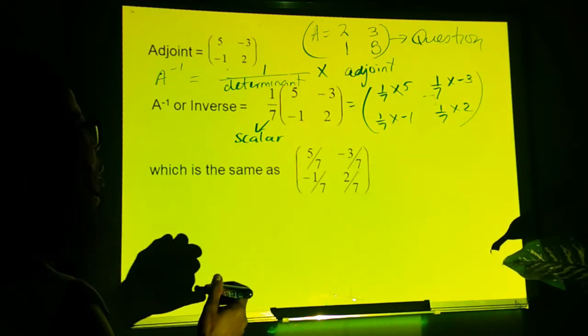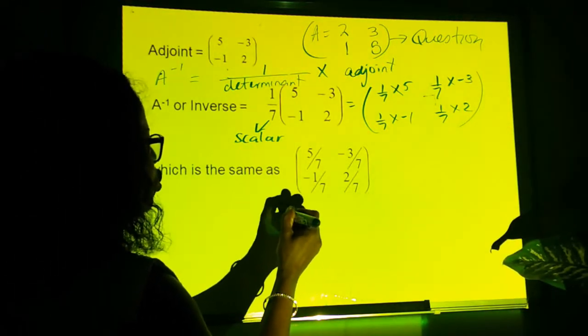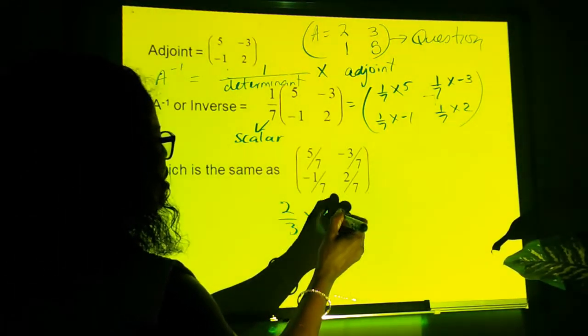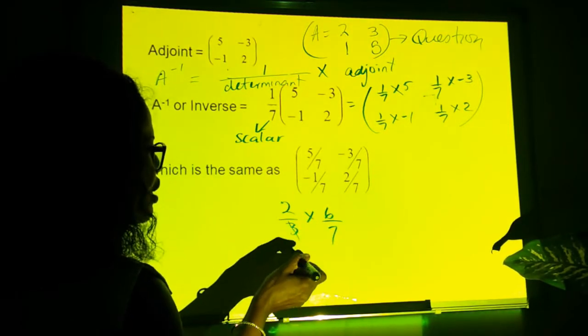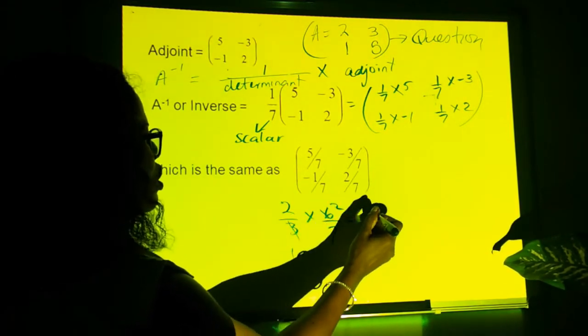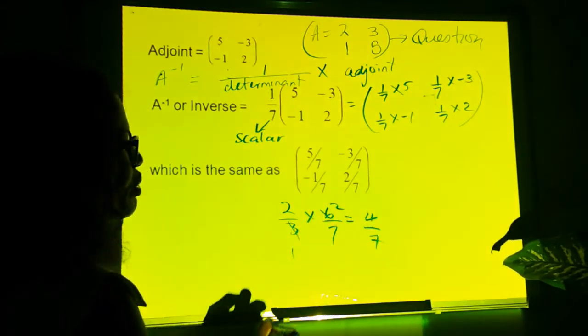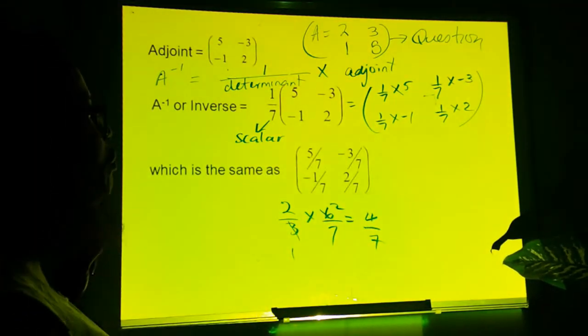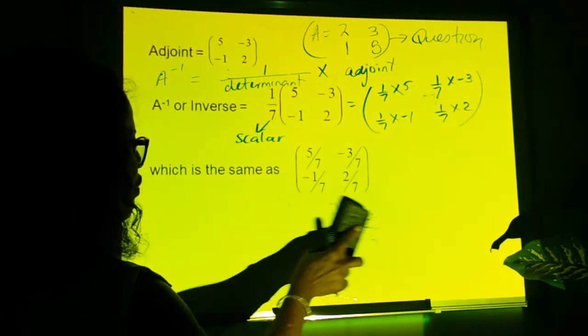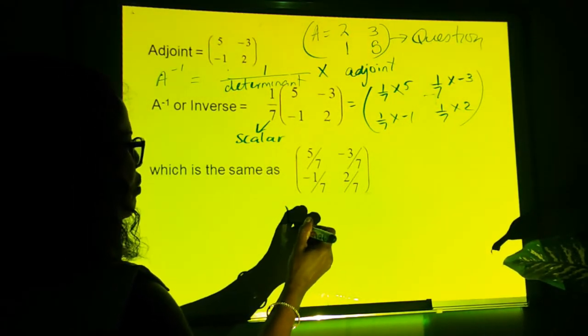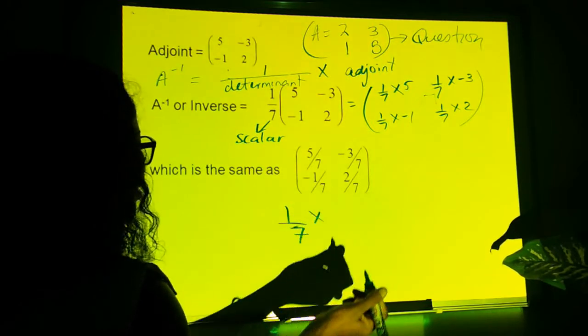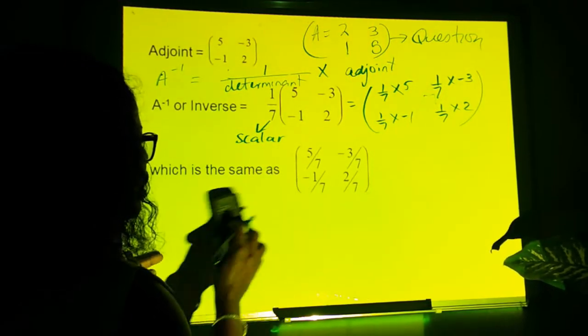Now if you recall, if I give you 2/3 times 6 over 7, this can cancel. 3 into 6 goes 2. So our answer is 4 over 7. But if we're working 1 over 7 times 5, nothing can be cancelled. Let's use another example before I get there.